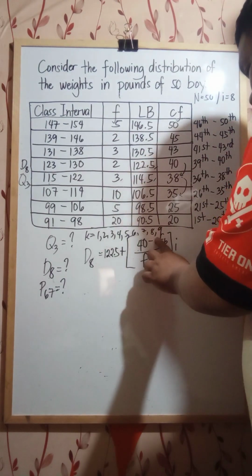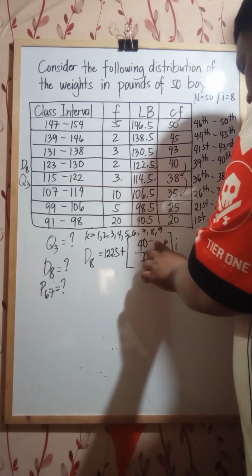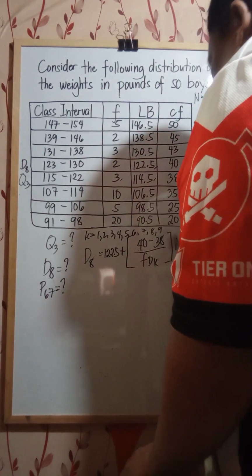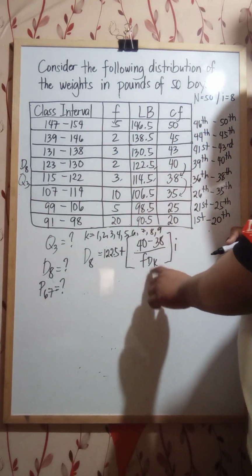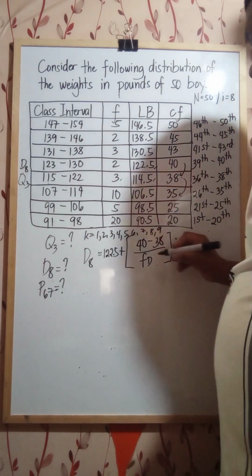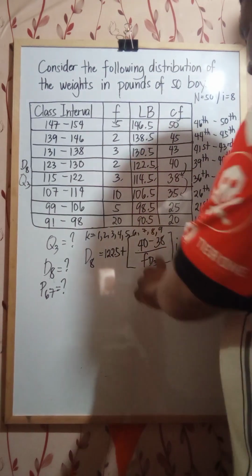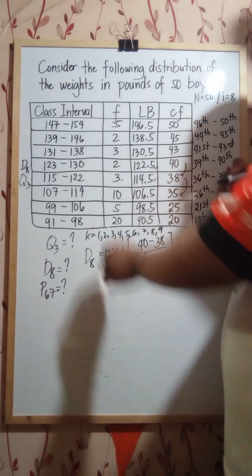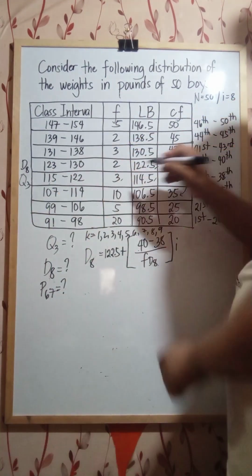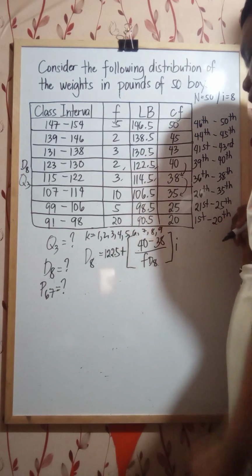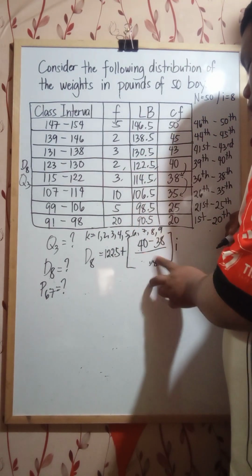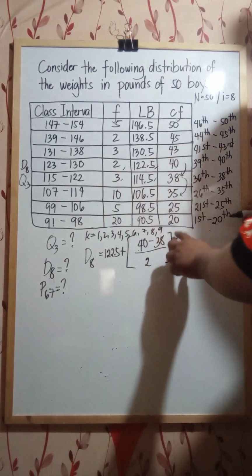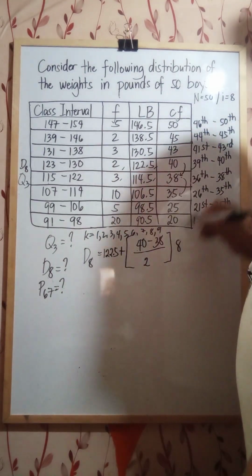So we replace it with 38, so it becomes 40 minus 38. Then all over the frequency of the 8th decile, which is 2, so we replace F sub D sub 8 with 2. Then times the interval, which is 8.